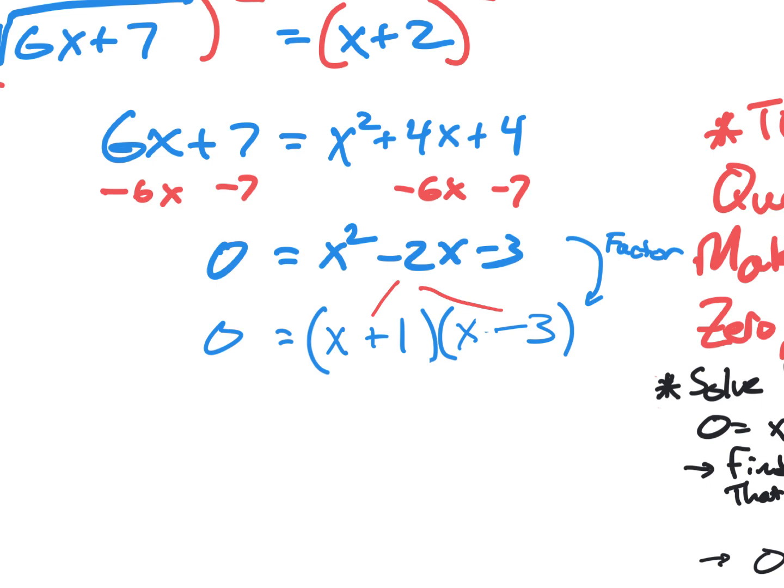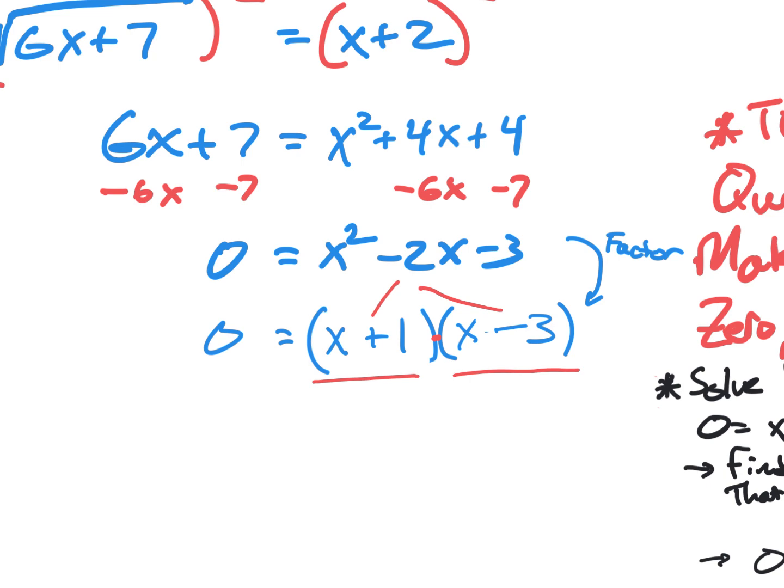Now, a little review on the solving by factoring here. Notice this, we've got two numbers. In the parentheses, x plus 1 is a number, x minus 3 is a number, and they're being multiplied.